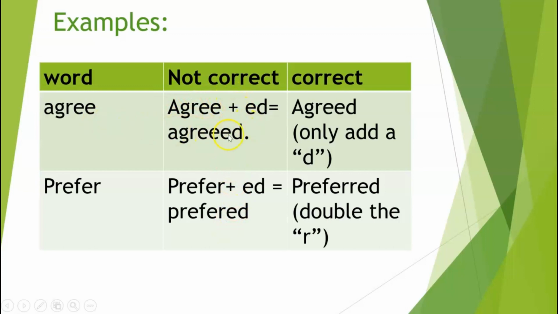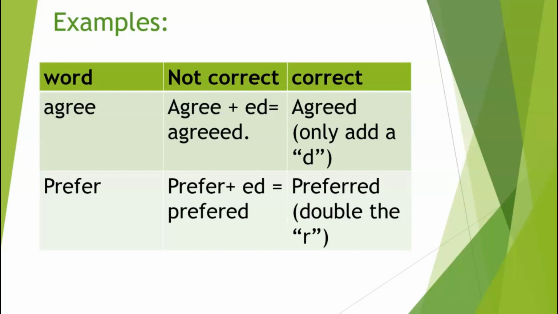With agree, you simply add a d to come up with this. With prefer, you need to double the r and then add an ed, so it looks like this. So although they look like regular verbs because they end in ed, you can see that the spelling rules are different. So that makes them irregular verbs.